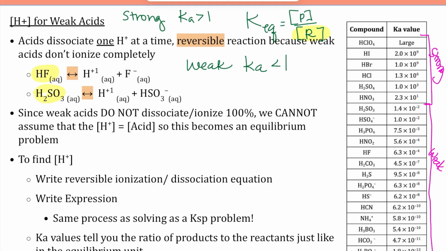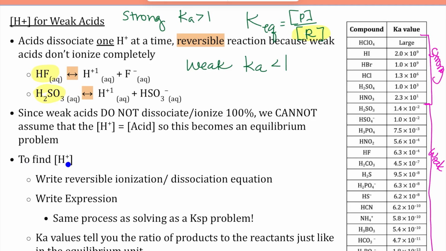And then, checking that Ka value, we can't just say, okay, whatever the concentration of my solution is, it's not going to completely ionize. So I'm not going to have that same concentration of H plus. So then we need to look at this as an equilibrium problem.